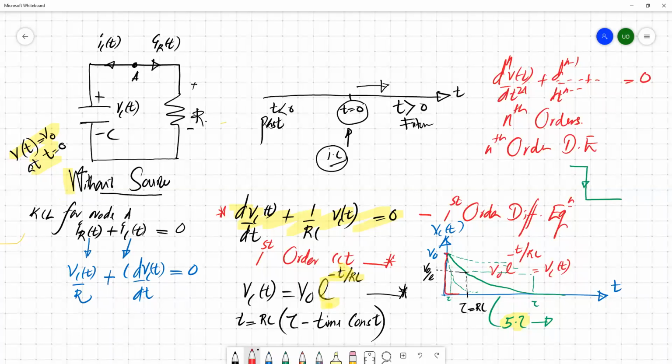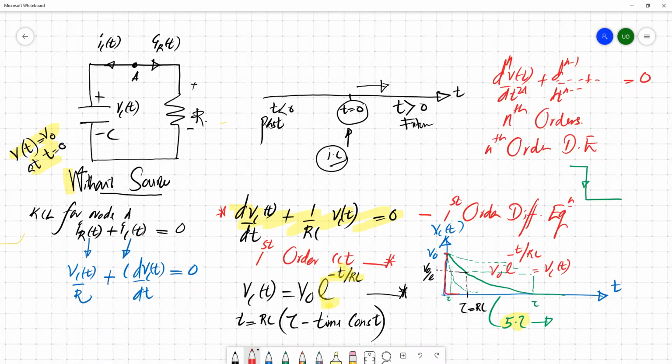Now, we managed to get a differential equation which describes the behavior of the voltage. Again we find there is a quantity called the time constant, which explains the rate of the charging or discharging process.